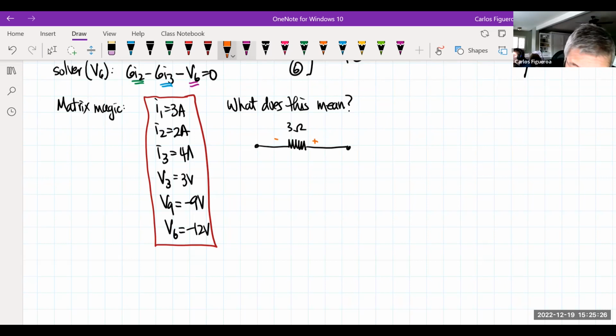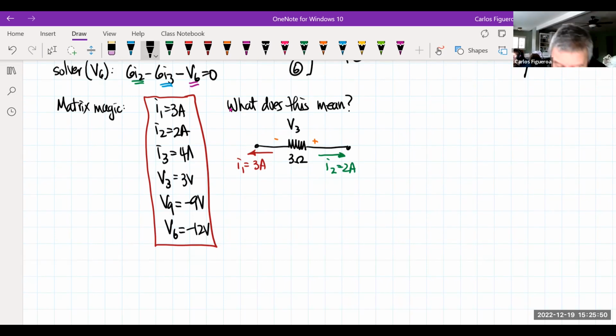So what do I know? I look at I1. I1 is going like this, which is 3 amps. I2 is going in that direction, which is 2 amps. And then I'm going to put my 3 ohms right here. And then this will be V3.